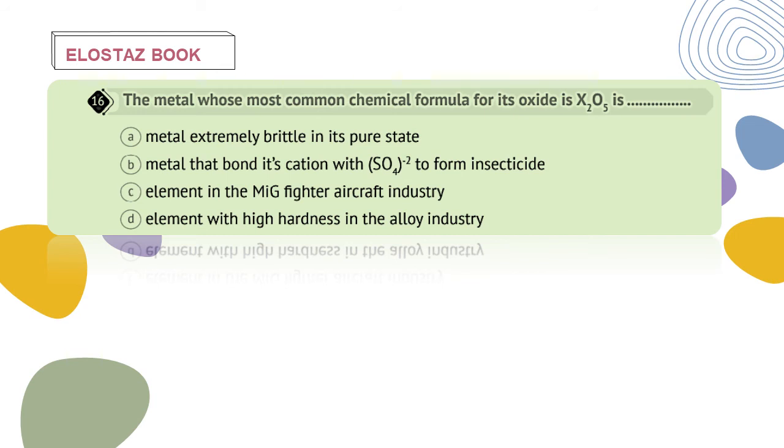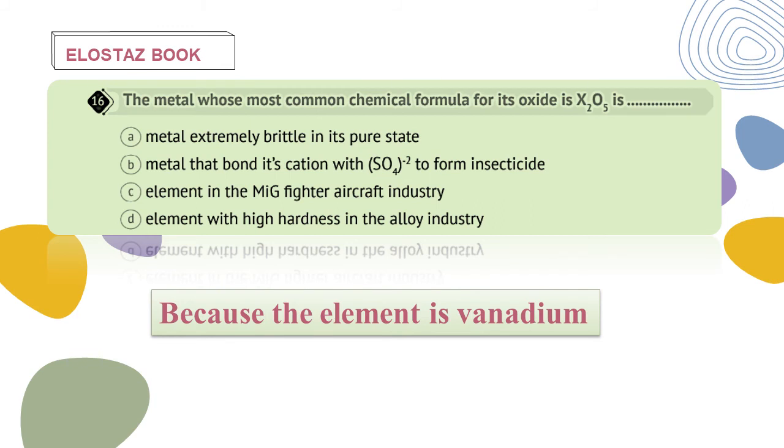If we discuss this one, we have the chemical formula X2O5. X2O5 belongs to only one element, vanadium. The main function of vanadium is its high hardness, a very hard alloy resembling steel, or higher than steel in its hardness.